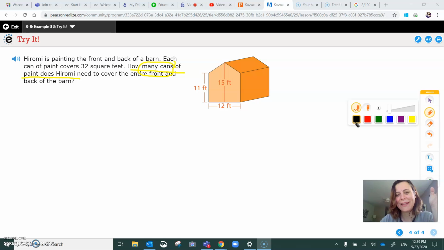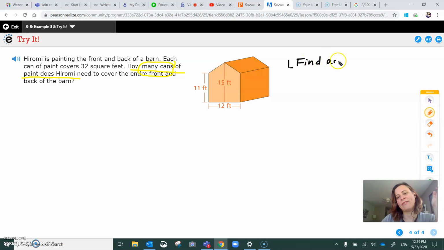Okay, so here's my game plan. Number 1, I want to find the area of that front section. That front section is shaped like this. The second thing I want to do is find the area of the back. And since the area of the front and the area of the back are the same, I'm going to take this area and times it by 2.